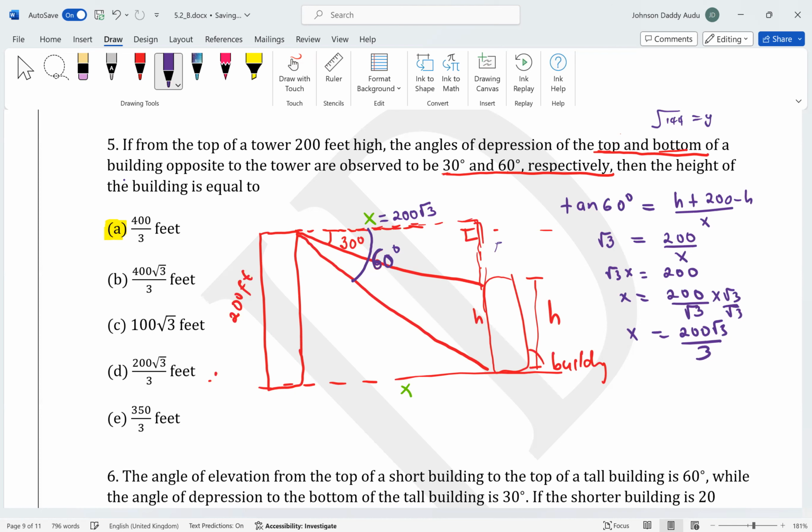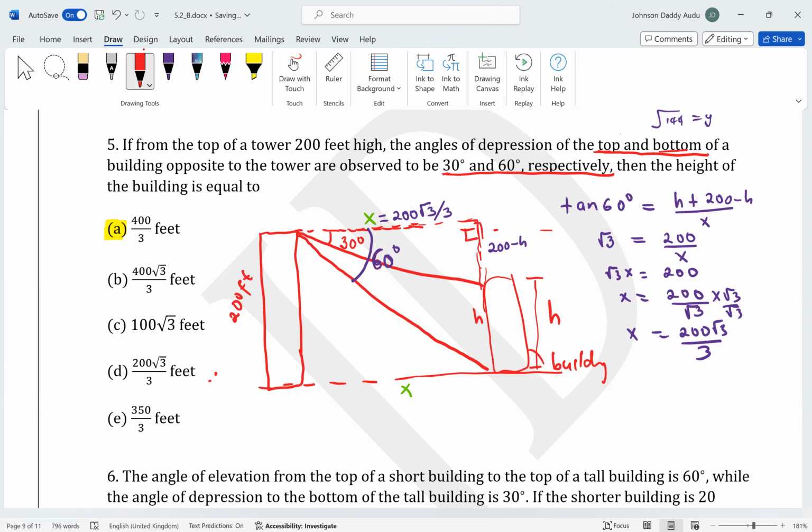We can know what is actually the length, because remember, we don't know what is H. So we can find this part. Remember this is 200 minus H, yes. Okay. So we can use the small triangle now. As you can see, this is divided by 3. I can use the small triangle inside, which is 30 degrees.